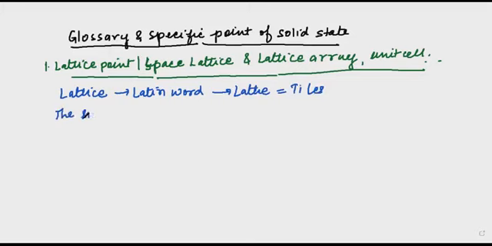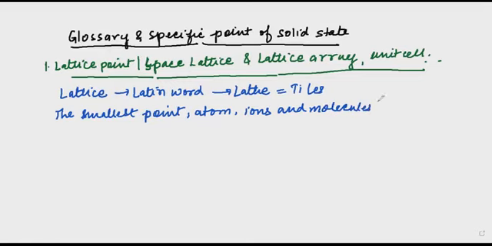Definition is that the smallest point, atom, ions and molecules in a crystal is called lattice point.